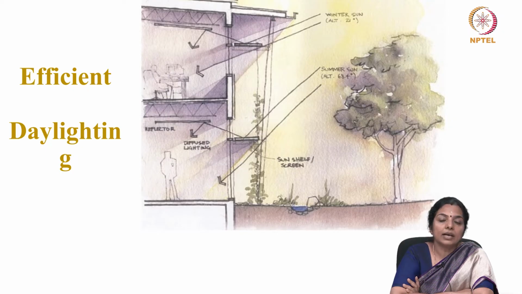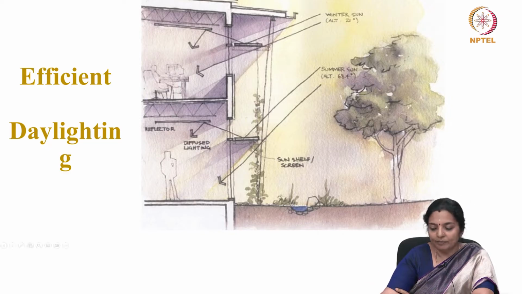The amount of electricity that is used for lighting in a building is humongous, especially if you look at some of the energy intensive buildings such as offices or commercial complexes. As architects, we need to understand how to design buildings for efficient daylighting using certain strategies. Let us start with some of these.